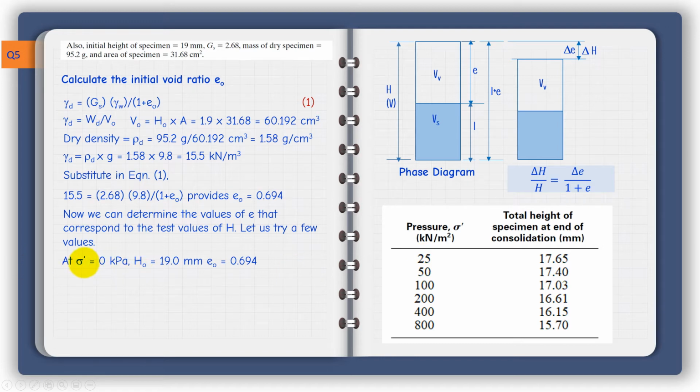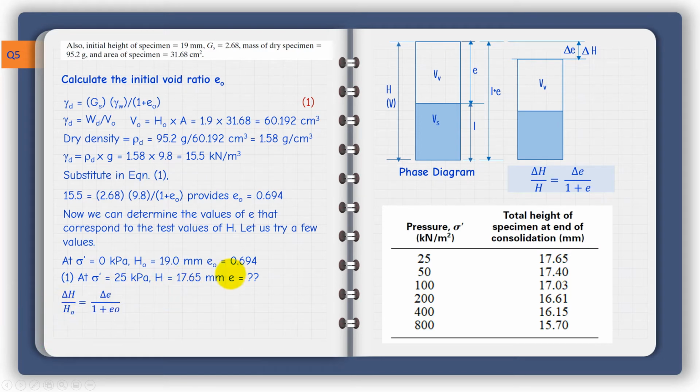When the stress equals 0, before applying any stress, the initial height is 19 millimeters, that's given to us, and the corresponding initial void ratio from this calculation is 0.694. Now, when the stress equals 25 kPa, we are given a height of 17.65 millimeters. We are after the corresponding void ratio e at this particular condition.